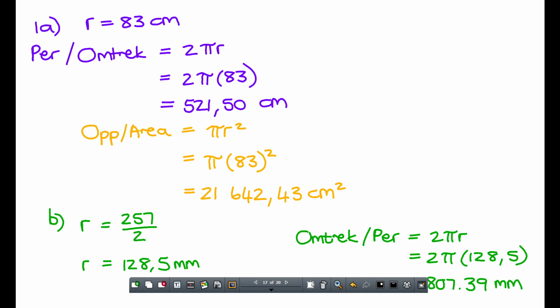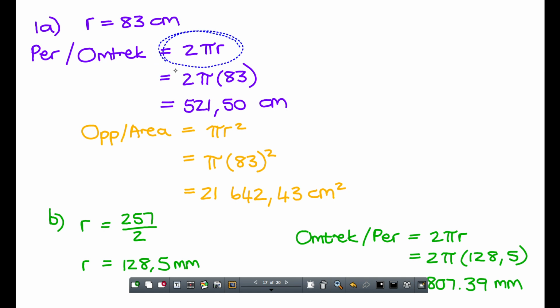Circumference and perimeter is the same thing. And the equation there is 2 times pi times radius. For B, you can't use diameter now. Over here, the equation was 2 pi radius.